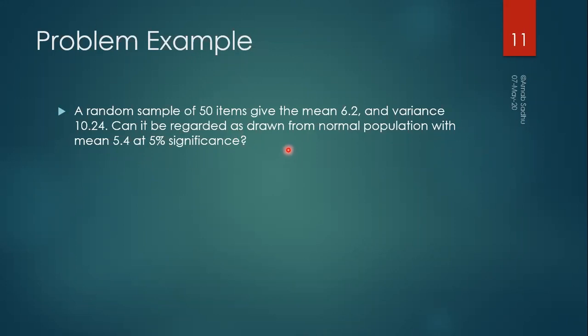You also know that the normal population has a mean of 5.4, that is, the total population has a mean of 5.4, it is said. And you have to test whether the normal population has a mean of 5.4 or not. You have a sample with a mean of 6.2 and you have to test whether the population mean is 5.4 or not.